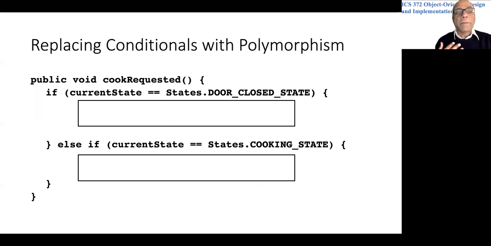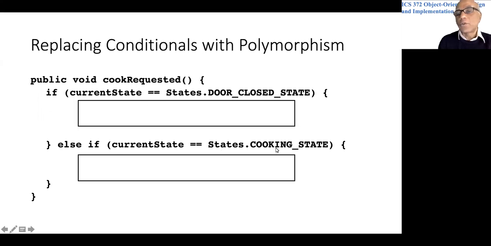So what are we doing when we create these state classes? If you recall, in the initial implementation of the microwave, we had a structure like this. For the cook requested method, public void cook requested, so this is the event, we had a conditional like this. If current state, which was a field in the microwave class, is equal to the door closed state, we do one thing.